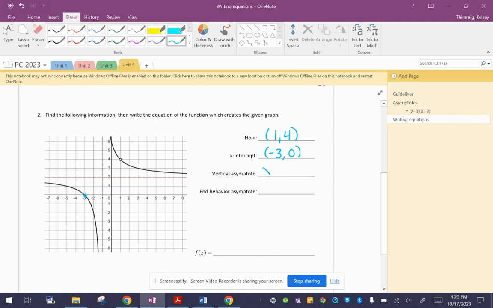Vertical asymptote at x equals -1. And our end behavior asymptote looks like it's here at y equals 2. Okay, so go ahead and try to write that equation. Again, think about all the different pieces of the graph that match in the equation. See if you can pause the video really quickly and come up with your equation.